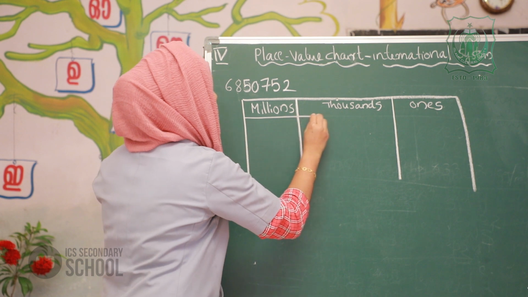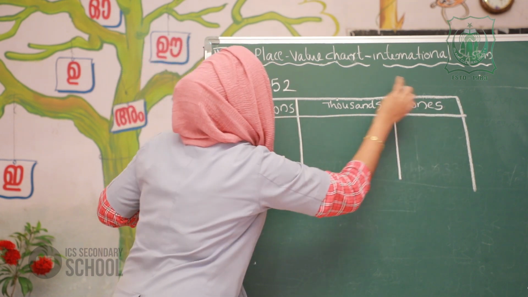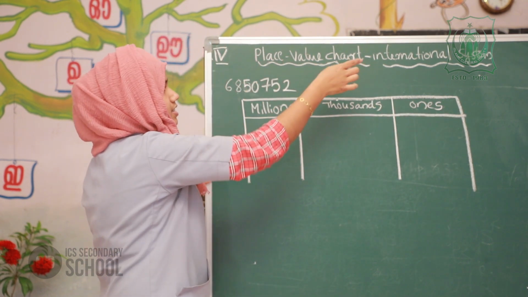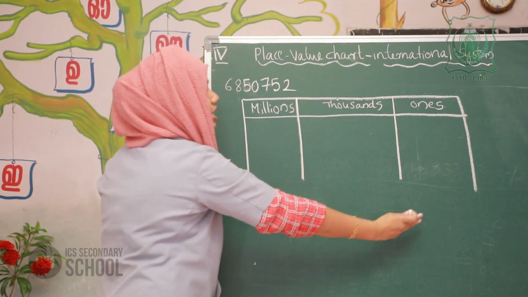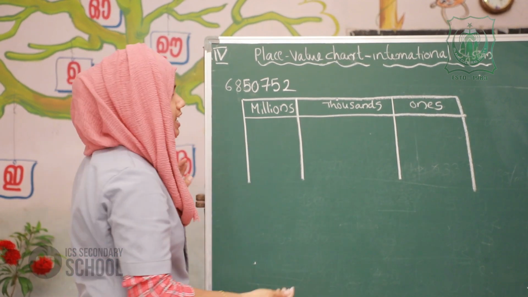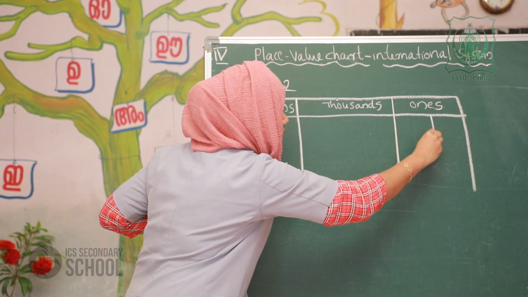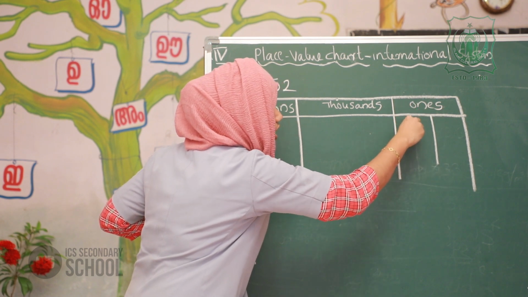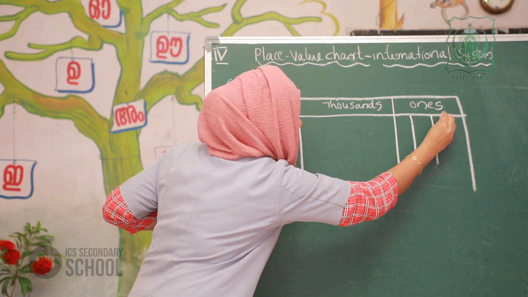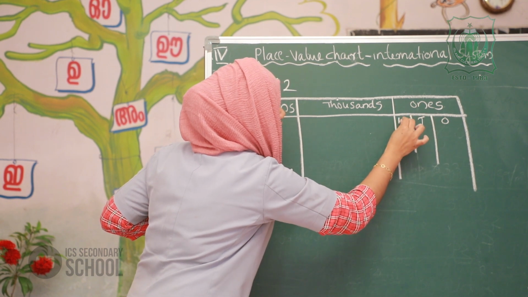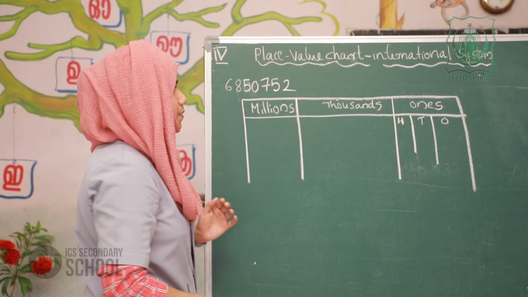Okay, so if you get a number, make a place value chart, international system. Next, ones is again divided into how many columns? Ones, tens, hundreds. Okay.